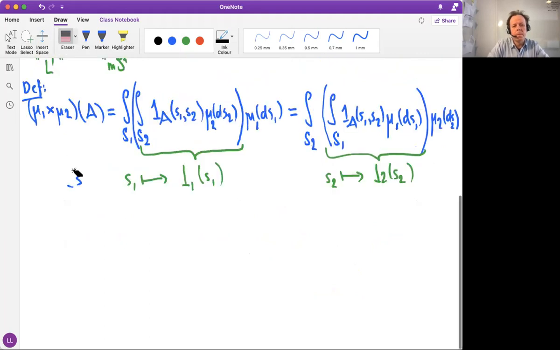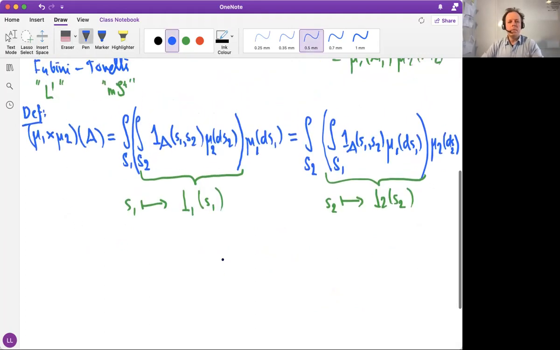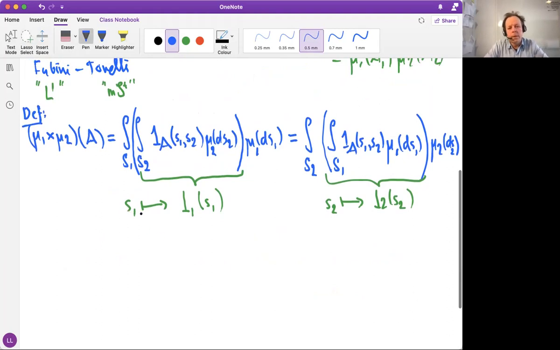If not, then we know that here we have a measurable non-negative function, S1 maps to this integral. So then the second integral that we integrate with measure mu1 is well defined.